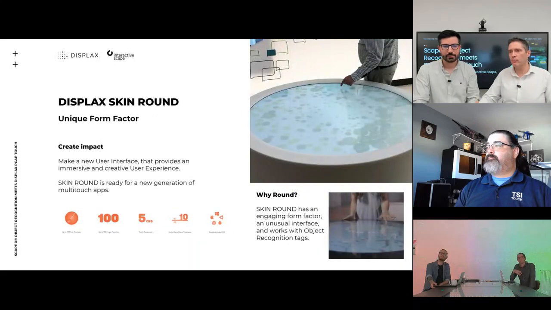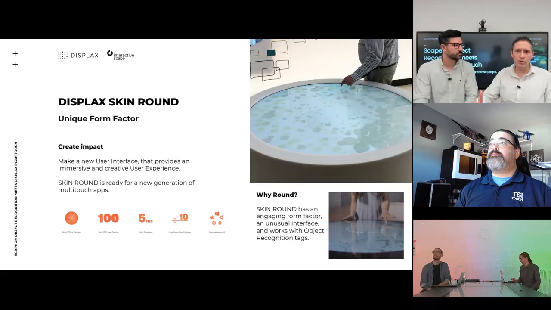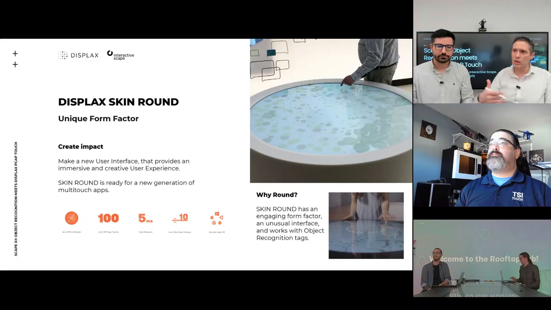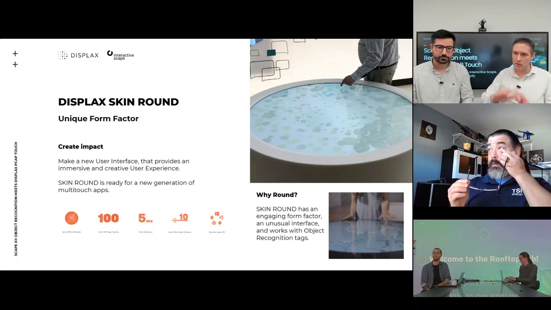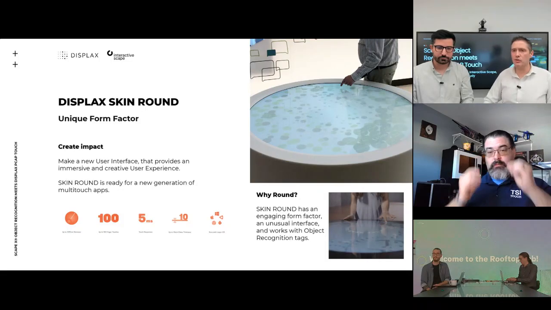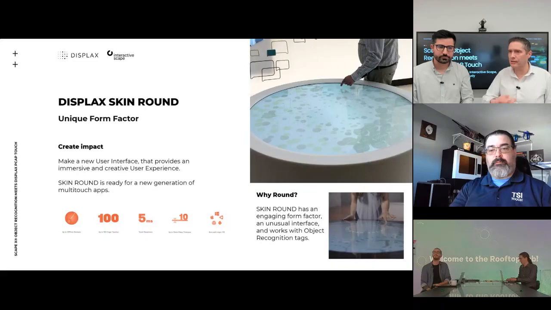And one of the things that we have been able to do with our R&D team is to introduce novelties to the market. So not only were we the first company launching multi-touch on PCAP, but we are also the first company launching a true round touch sensor into the market a few years ago. And these round sensors can go up to 1,410 millimeters of diameter.